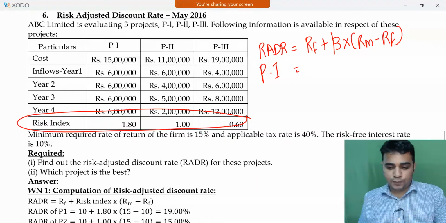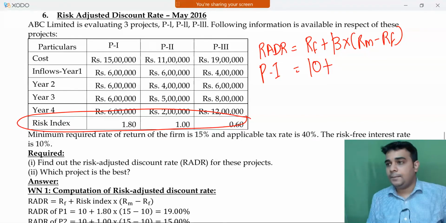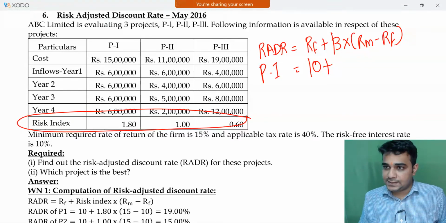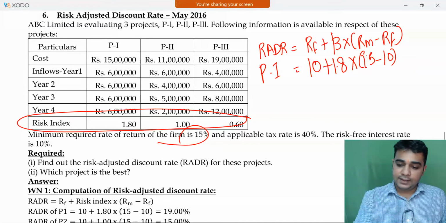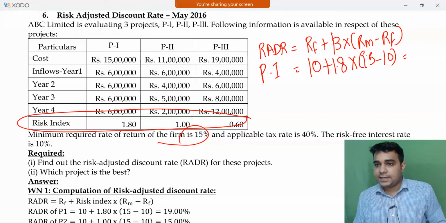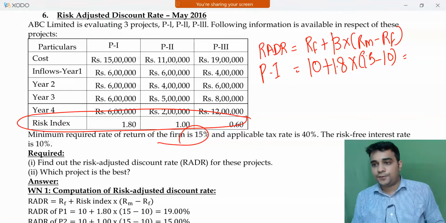The risk free rate would have been given in the question, 10. Beta basically means risk index here, 1.8. RM means the normal rate, 15% minus 10. So 10 plus 1.8 into 15 minus 10.